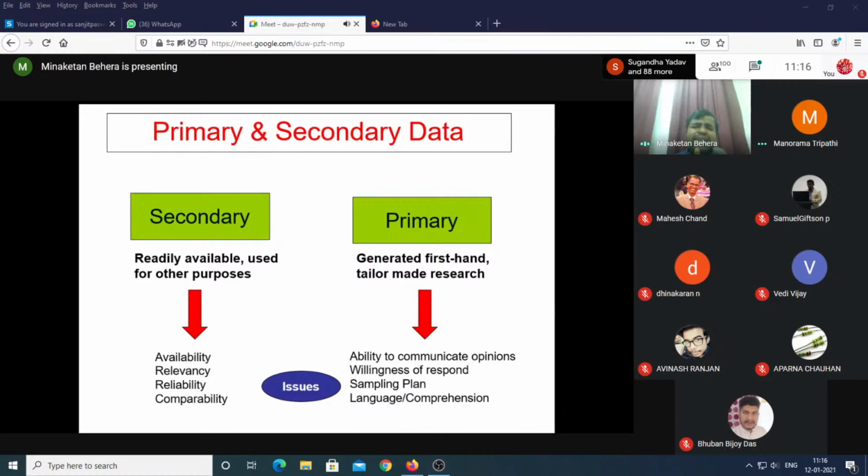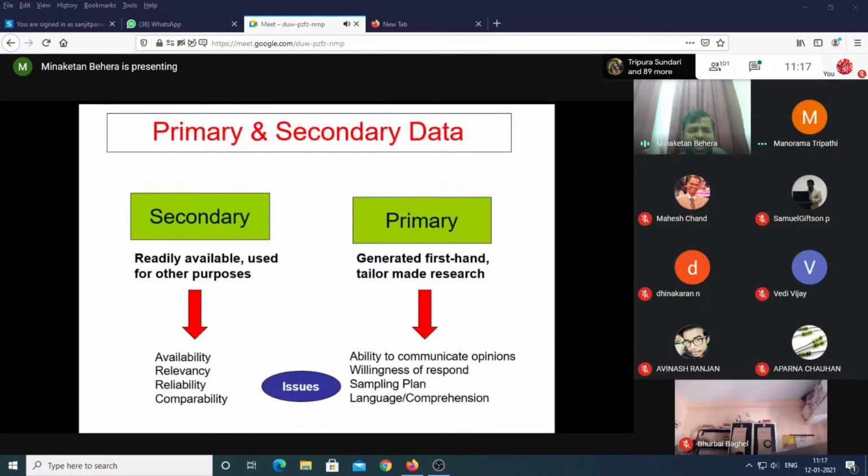Many secondary sources are available through which you can collect data. Your synopsis should clearly mention that you have used both primary and secondary data. If you are not using any primary data, you can simply write that you have used secondary data from NSSO, unit level data, or anything else. That is not a hard and fast rule, but if you are doing a field survey, you have to use both primary and secondary data.